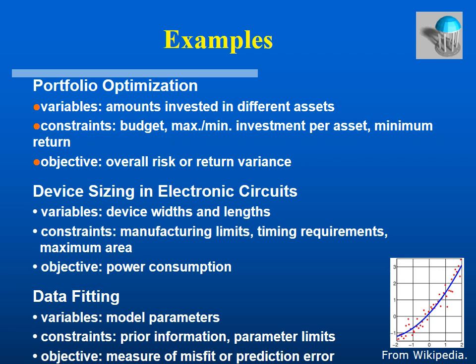And we may have constraints on how wide we can manufacture something, no wider than such and such, no less than such and such. We probably will have a total area that can be covered by the devices. And within those constraints, we want to minimize power consumption.